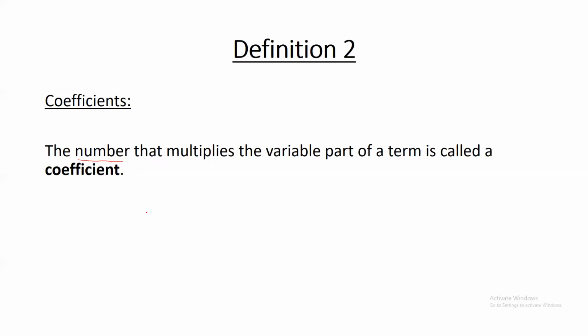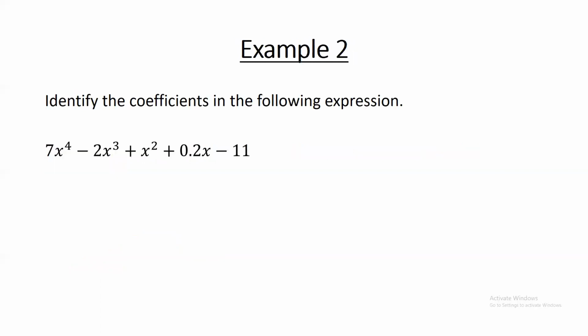So for example, if I have a term 3x, x is my variable, 3 is the coefficient. It's the number that we multiply by the variable part of the term. All right. Let's see if we can identify some coefficients in the next example.